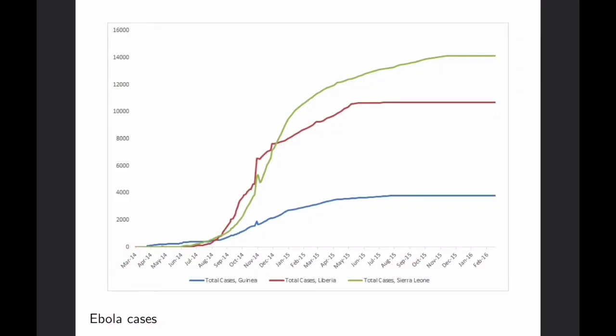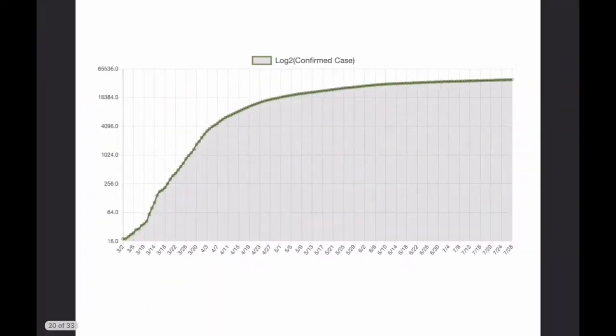These curves should also look familiar from the recent news on the coronavirus. For example, this is a log curve, which makes it easier to see the shape of the number of confirmed cases in Alberta, Canada. So again, we can see that exact same logistic curve shape.